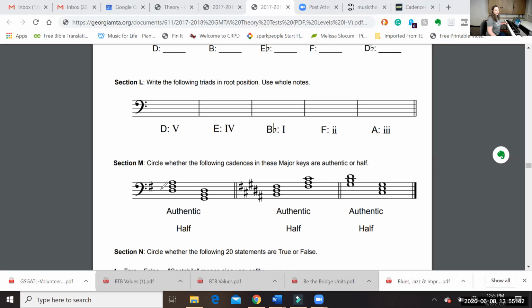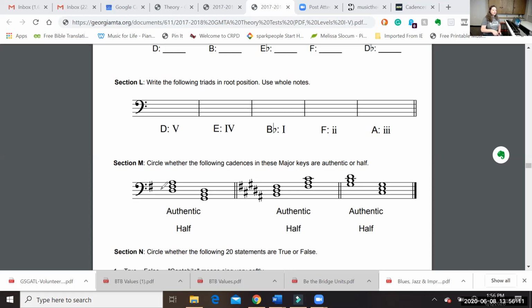So D is our root note on the first chord there. What tone is D in the G major scale? We can simply go G is 1, A is 2, B is 3, C is 4, D is the 5th tone of the scale. So that D major chord is a 5 chord.